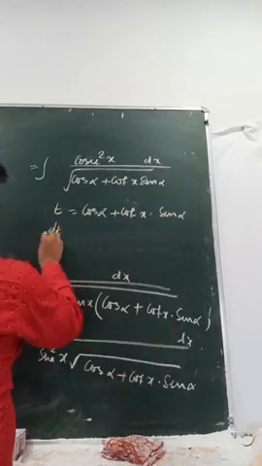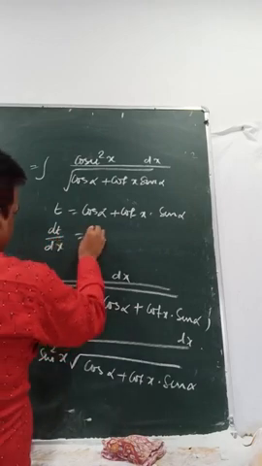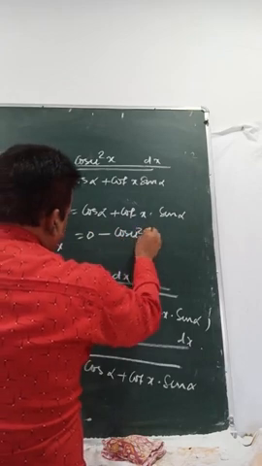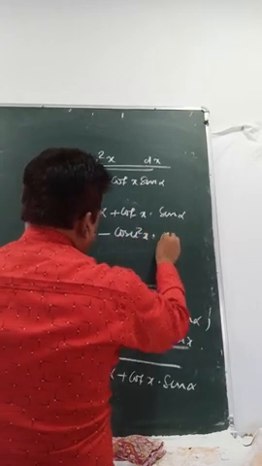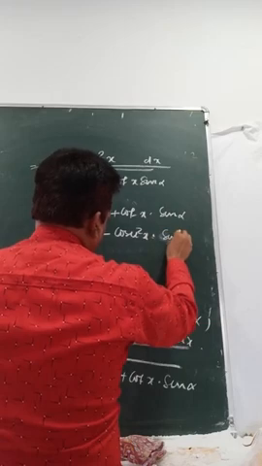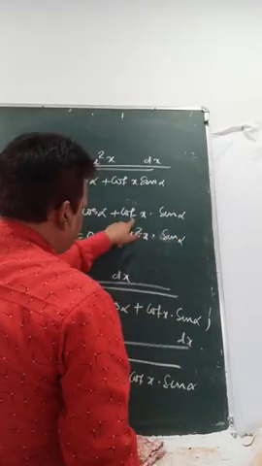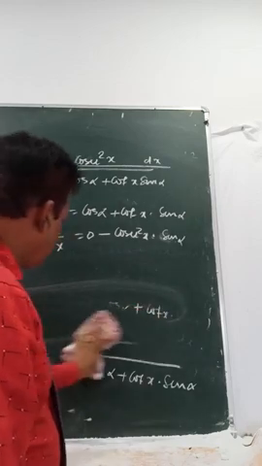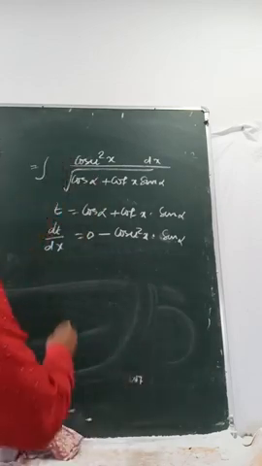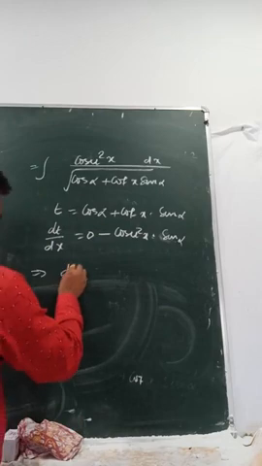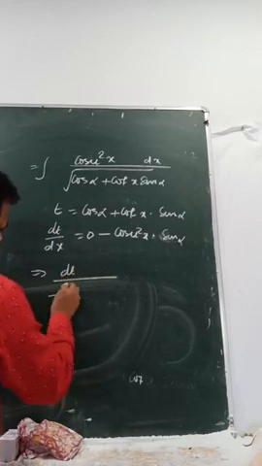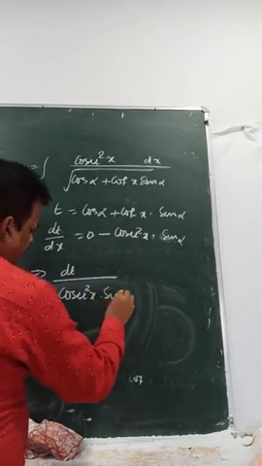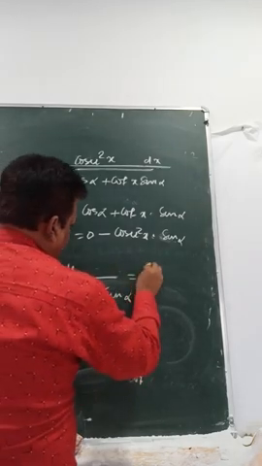Now dt by dx is 0 minus cosec square x into sin alpha, because the constant will remain and only the function's derivative is taken. So altogether dt by minus cosec square x sin alpha equals dx.